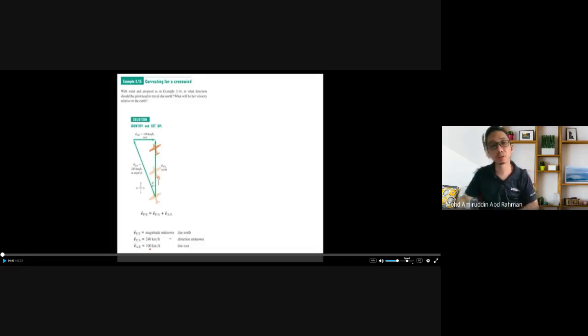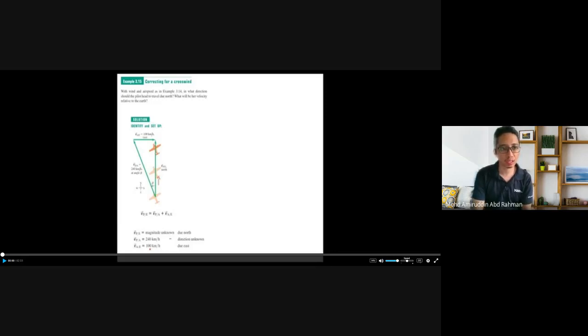At the same time, the plane is moving and the Earth is moving. So we need to calculate the relative velocity in order for the pilot to know that the plane is moving towards the correct direction.